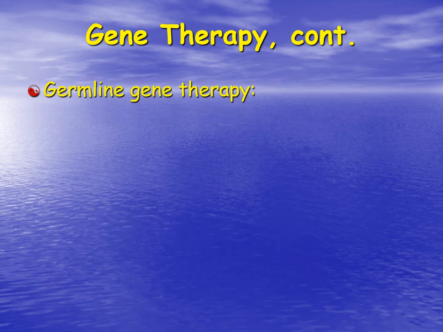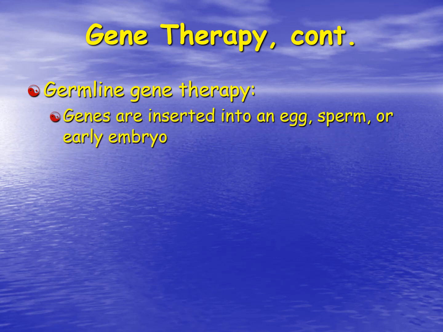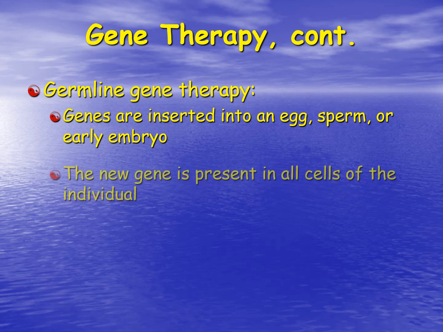Germline gene therapy is where we really want to affect the genes within either the sex cells or early in the zygote. So we find the defect in the egg, the sperm, or the early embryo, and we actually inject or implant the gene that we want to function into those cells.